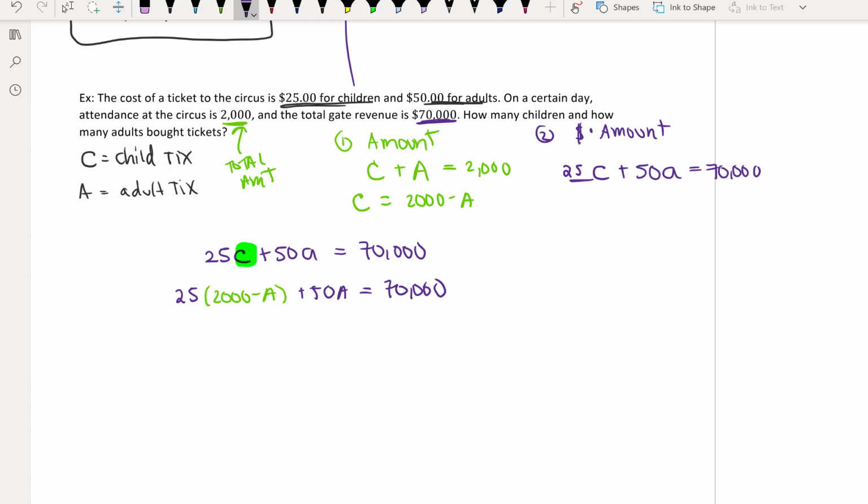Now, when I distribute, and I just have my calculator in my hand, even though you can't see me, 25 times 2,000 is going to give me 50,000, minus my 25A plus 50A is equal to my 70,000. Now I want to combine negative 25A and 50A. That gives me a positive 25A is equal to my 70,000.